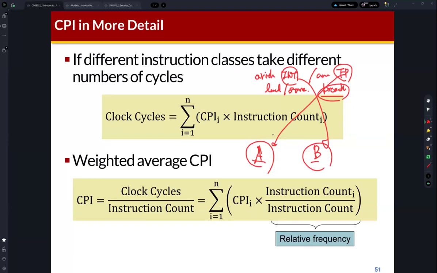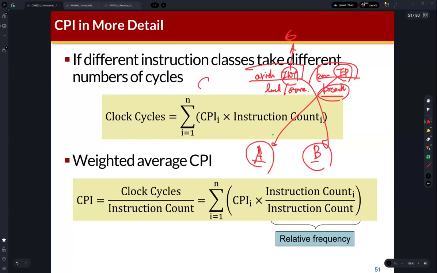So which means the CPI, the clocks for these instructions, is different. Usually floating point instructions take longer cycles because floating point is more complex. So what does that mean?